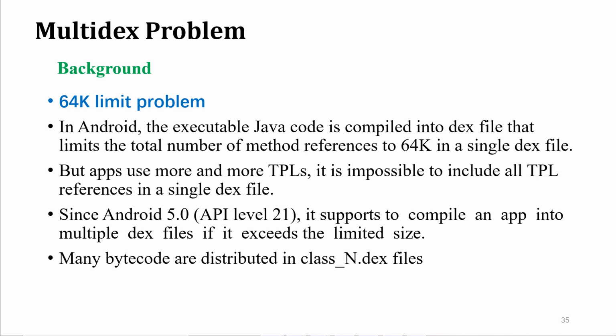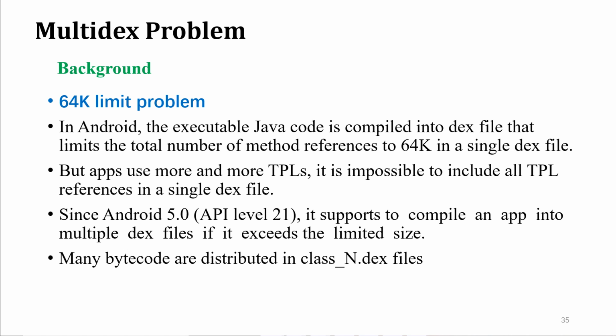This is because in Android, the executable Java code is compiled into DEX files that limit the total number of method references to 64,000 in a single DEX file. But nowadays, more and more apps use a lot of third-party libraries. It is impossible to include all third-party library references in a single DEX file.